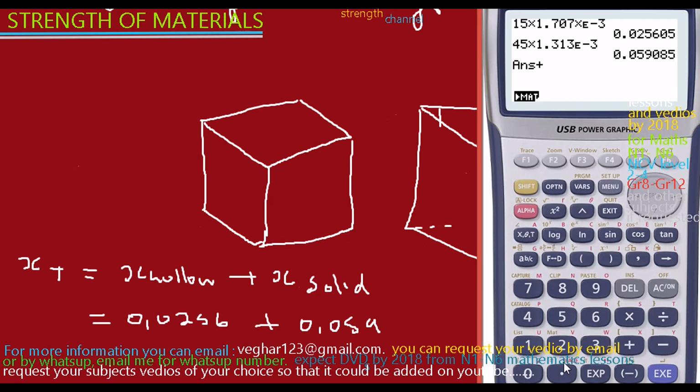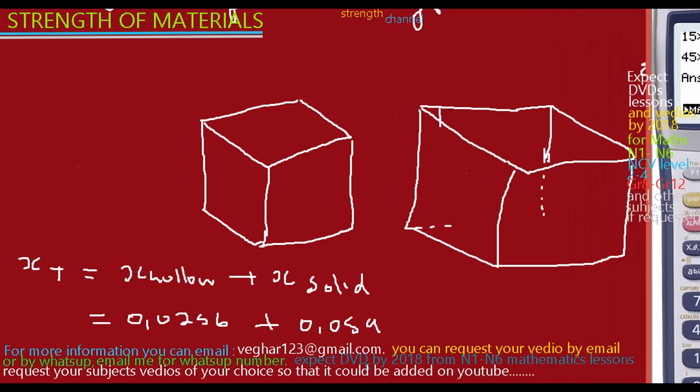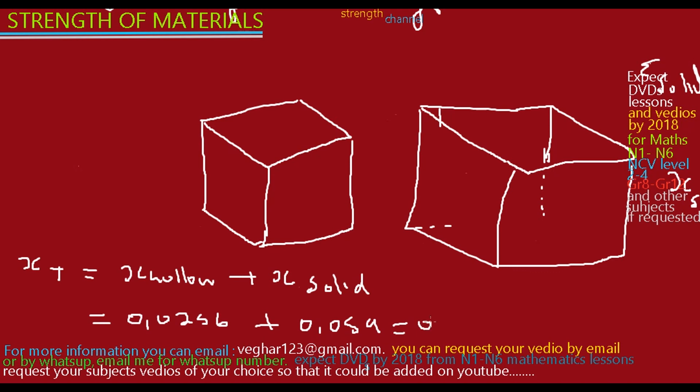And then adding them is 0.0846, let's say 7. The final answer is 0.0.